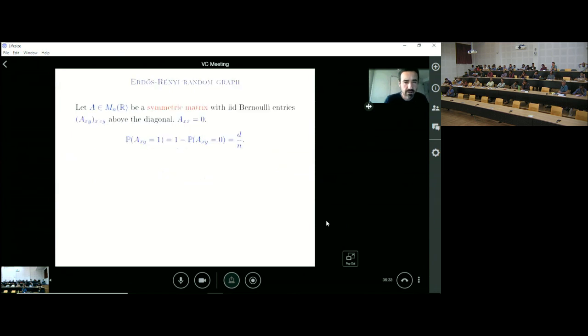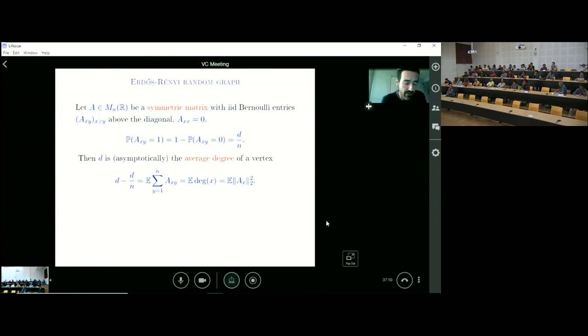So a comment on why I call this parameter q the sparsity parameter. Let's take a matrix with entries 0 or 1, independent Bernoulli, where the probability that your entry is 1 is d over n. What you obtain here, A, is the adjacency matrix of an Erdős-Rényi random graph.